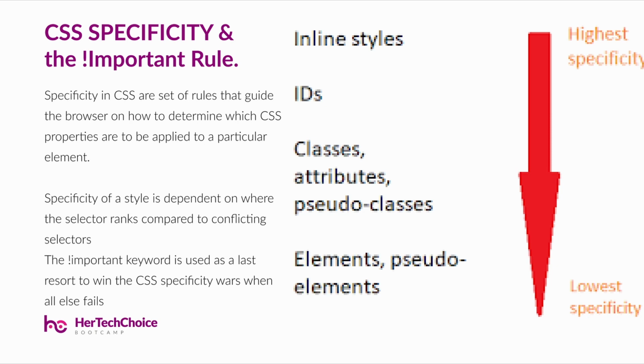For example, we don't know where a particular style is coming from, and it's overriding your styles, and you feel like you've done all you can, but it's not working. You can use the important keyword to override all of the previous stylings. Whichever declaration you put the important keyword on, that one will take over the others.